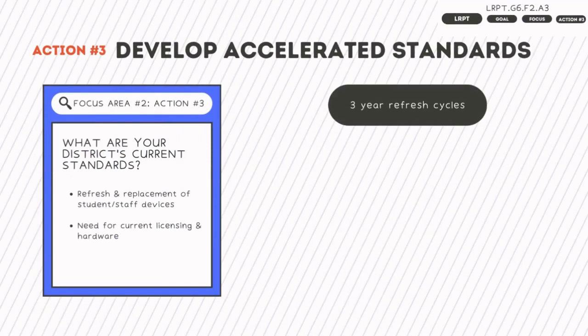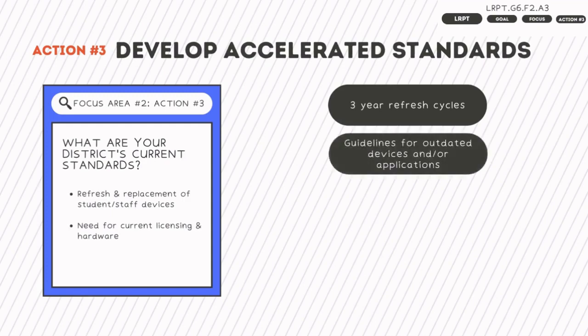It is currently recommended that refresh cycles be shortened from 5 years to 3 years. What is your district's current refresh cycle? What would it look like to change your refresh cycle to 3 years? Additionally, it's important to create guidelines to determine the appropriate course of action to take regarding outdated applications and devices to prevent the risk of inadvertent use that could pose a security risk.